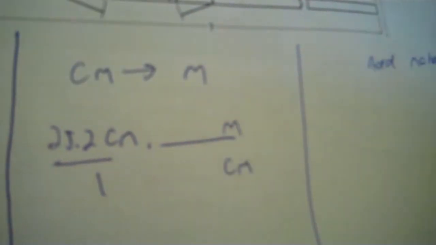Centimeters to meters. All the decimeters have been converted. Now I circle the centimeters. So 12.6 plus 12.6 is going to be 25.2. So we have 25.2 centimeters, put it over 1. Now we have to convert it to meters.